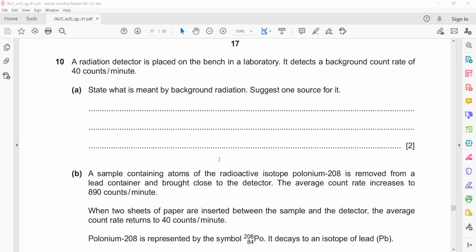So the radiation other than the source is called background counts, and they can be from radiation from the outer atmosphere, waste, rock, soil. So radiations from the atmosphere, environment, and cosmic rays.